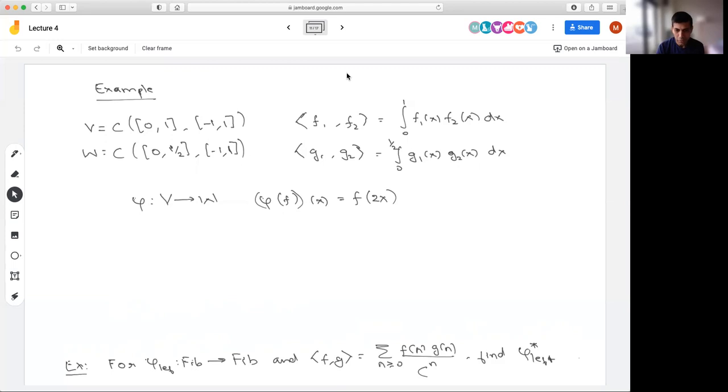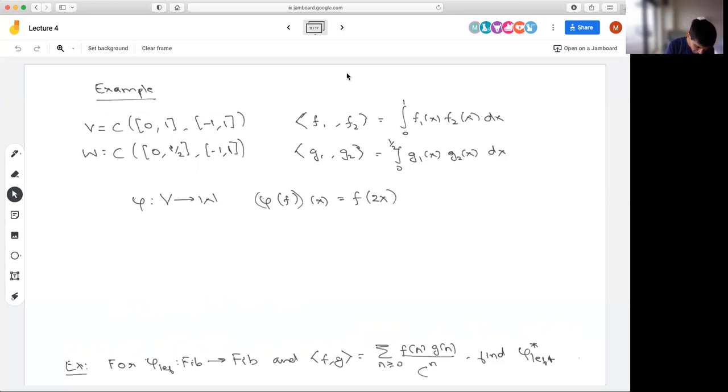All right, so now let's say we again have two inner product spaces, V and W, space of functions. We have used this notation before. This is the space of continuous functions from the domain 0, 1 to the range -1, 1.